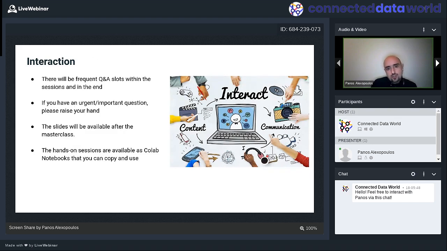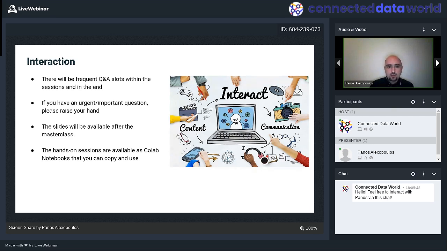The hands-on sessions have the form of Python notebooks in the Google Colab environment. The reason I chose this environment was that it has the least effort to set up. It already has a lot of libraries in there, so it's much easier to use.